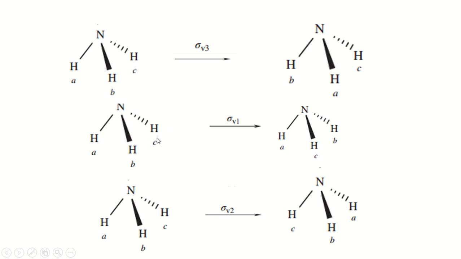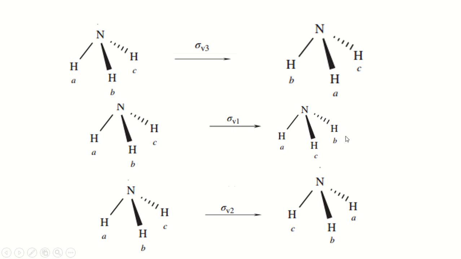So C occupies the position of B, and subsequently B occupies the position of C. This is sigma V1. We apply sigma V1 first to the molecule, and we will get a product like this.